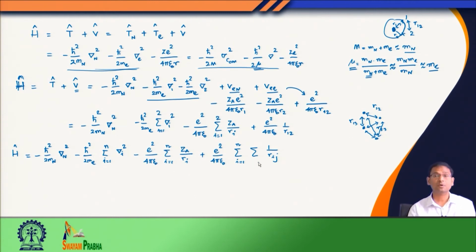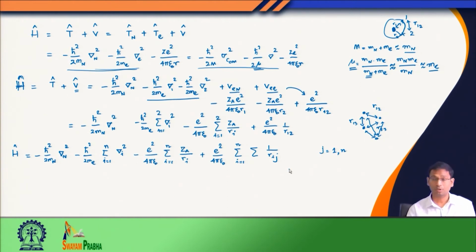If I say j equals 1 to n, I will have a problem. Suppose, let us see, I am just discussing what the possible ways to write are. If I write j equals 1 to n, so that means all possible values of j, I will have one problem. In fact, I will have two problems. The problem number 1 is that there will be a situation where j will become equal to i.